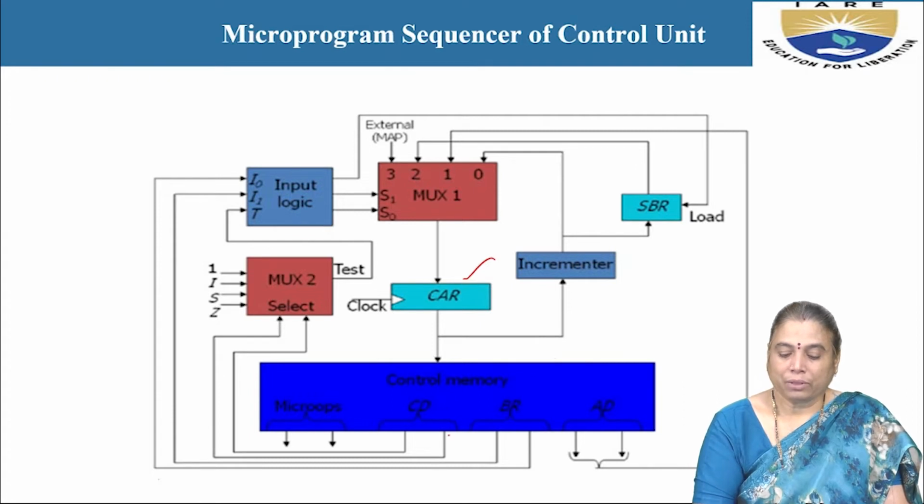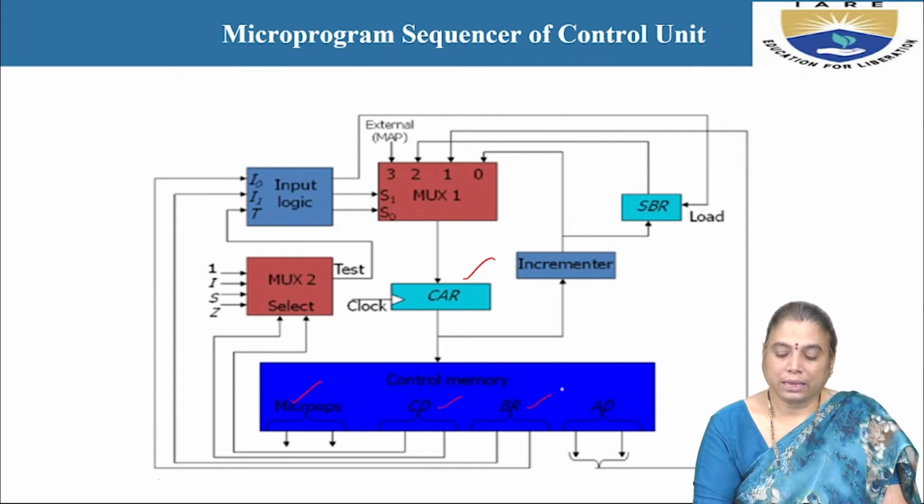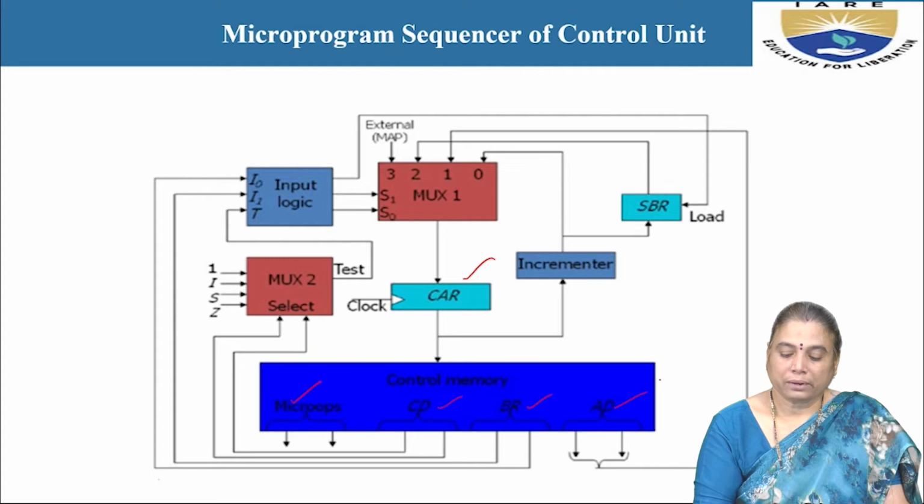The format of the microinstruction can be 3 fields of micro operations F1, F2, F3, next the CD field, next the BR field of 2 bits each, and the 7-bit address. So in the control memory the microinstruction format can be used, and this control memory can be accessed with the help of the control address register.